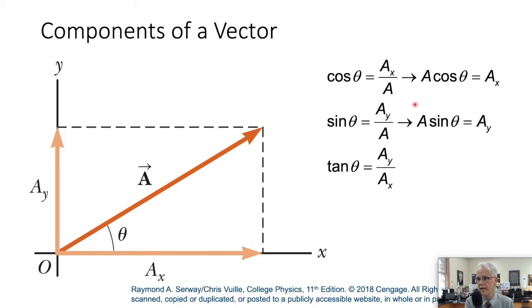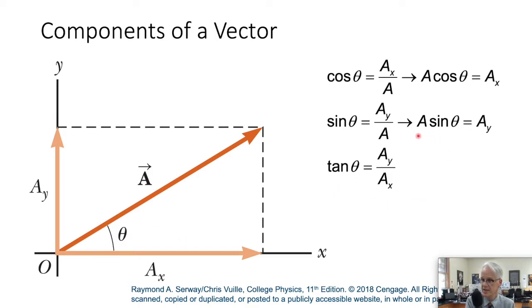Much in the same way, the sine of theta is the opposite over the hypotenuse. Sine of theta is A sub y, which is this length here, divided by the magnitude of A. So A sub y is A times the sine of theta.